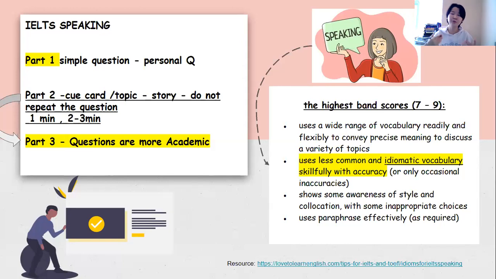In part 1, you're going to talk about yourself. You enter the exam room, whether it is paper-based or computer-based, and the examiner will ask you some personal questions.